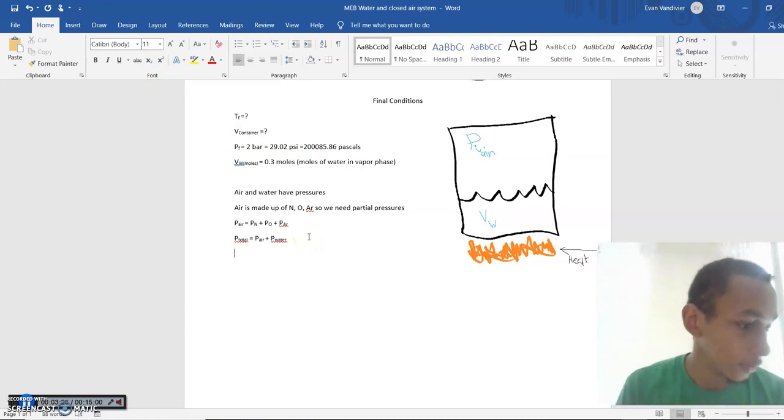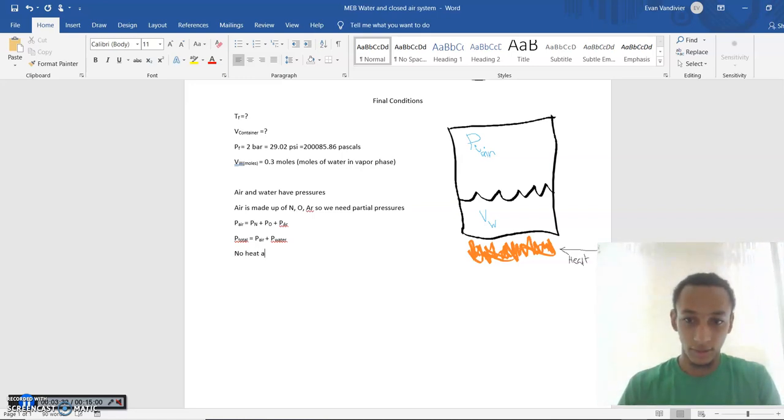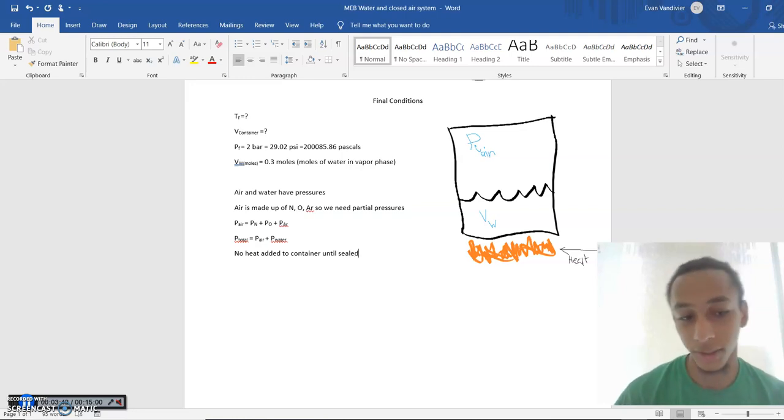And we also need to know that no heat is added to the container until it's sealed. If it wasn't sealed, this problem would be extremely difficult to solve, if not impossible.